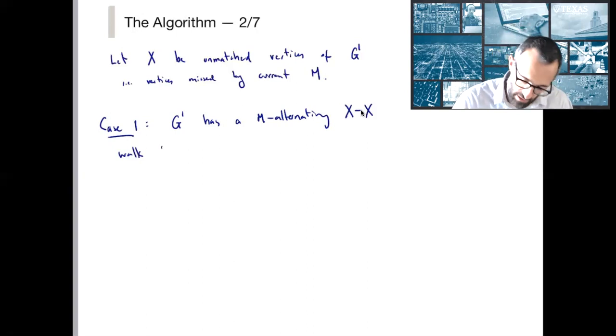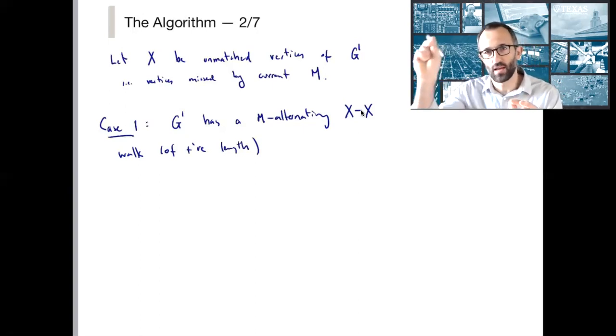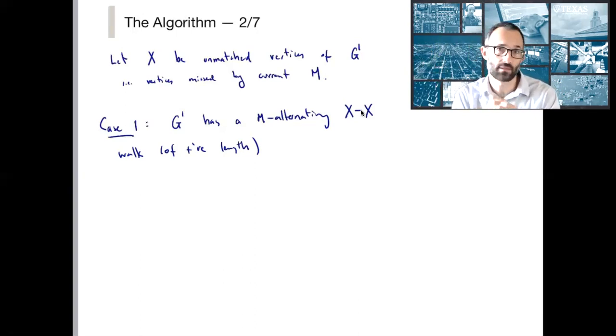That's sort of obvious, meaning it has at least one edge of positive length. And notice I'm calling it a walk because I'm allowing the possibility that it starts and ends at the same vertex, as we would have in a blossom. But for now, let's suppose that this walk is an augmenting path.